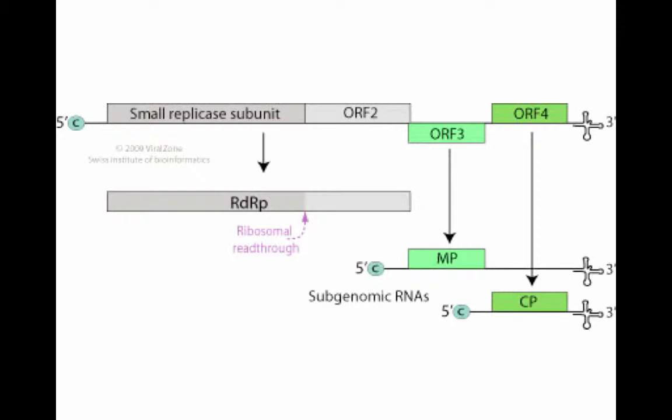And the coat protein is what surrounds the viral RNA and allows the viral RNA to move from organism to organism. Okay, so from plant to plant.